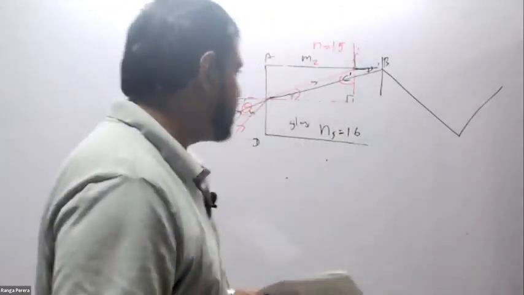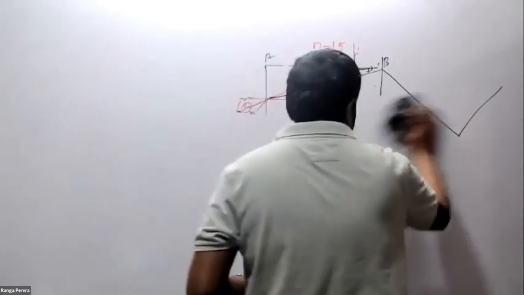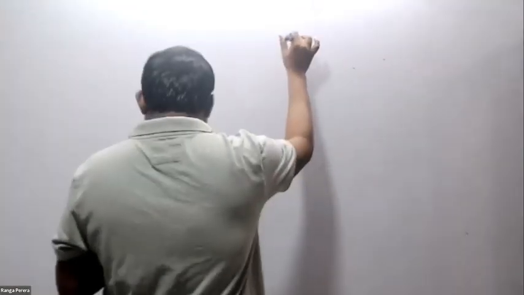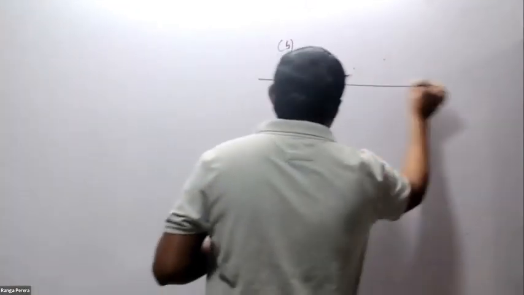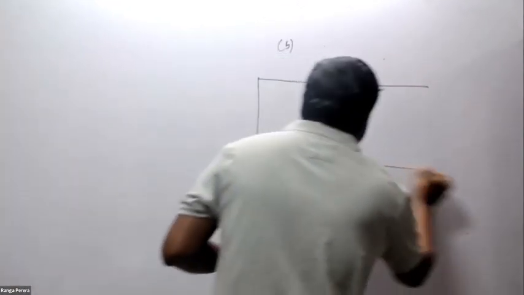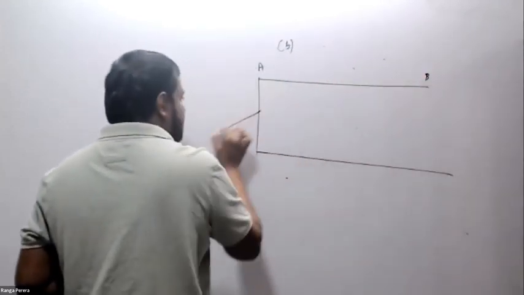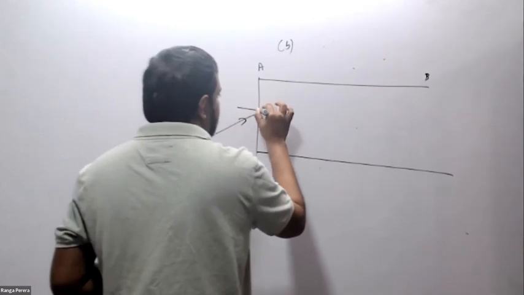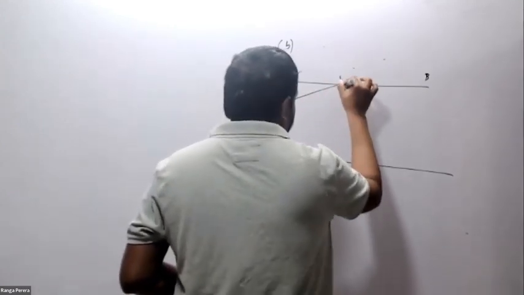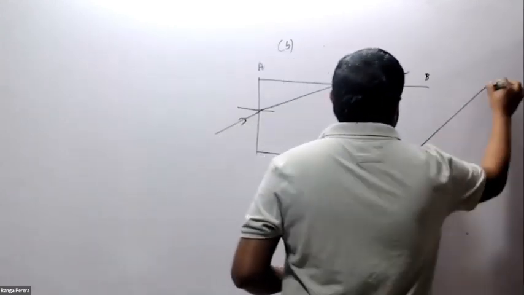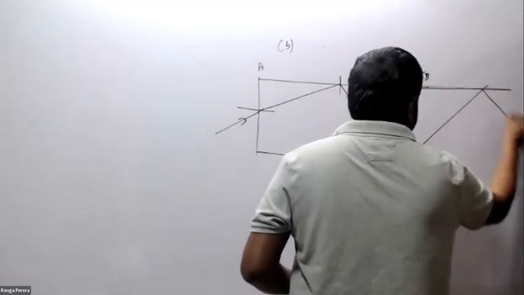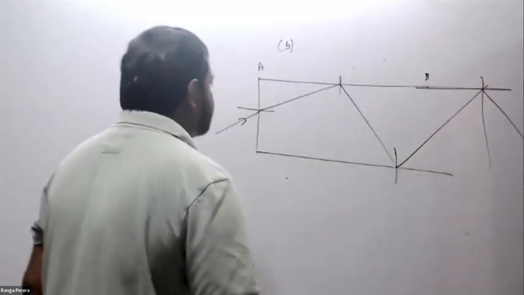Optical fiber communication. I told you a few things related to that last week under the application. So they asked us to draw that. When you draw that, we can use something like this: the AB surface. This is the incident angle, total internal reflection. That is enough.